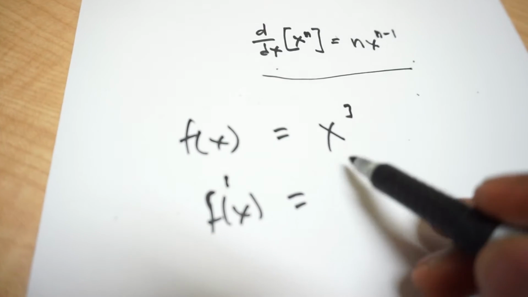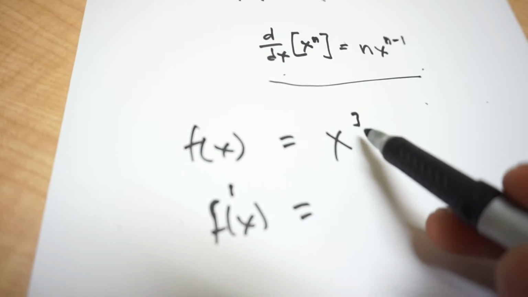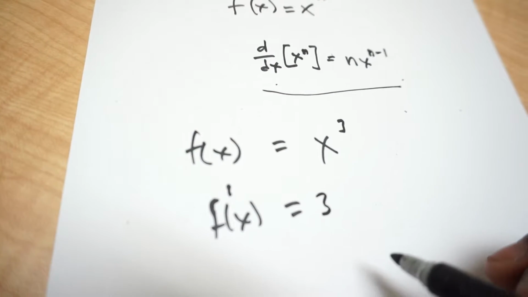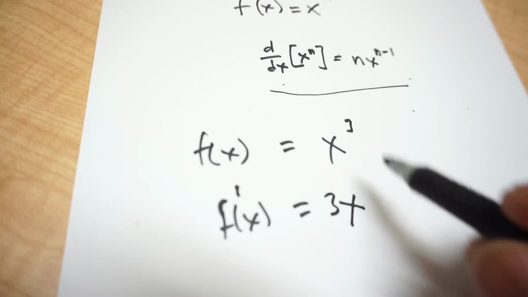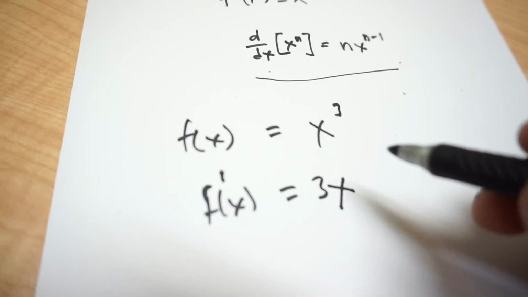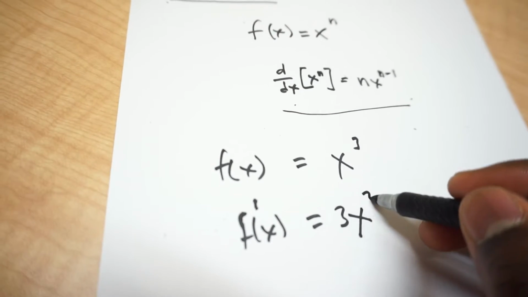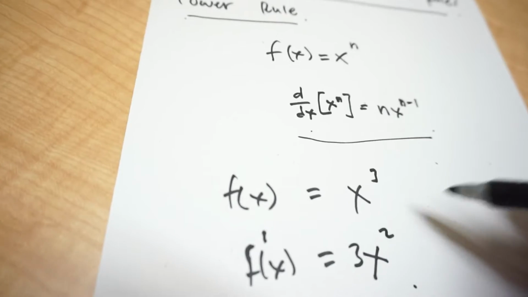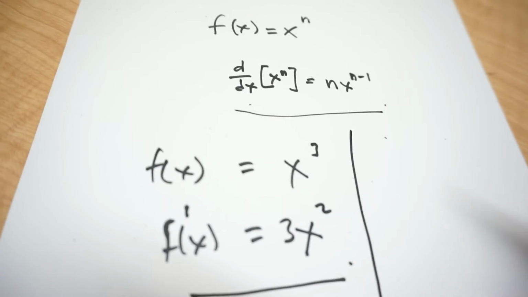Like I said, the first thing we're going to do is drop the 3, make it a big coefficient here. So it's going to be 3x, and then I'm going to subtract 1 from 3, so it's just going to be 2. Simple. Nothing complicated, just very simple and easy.